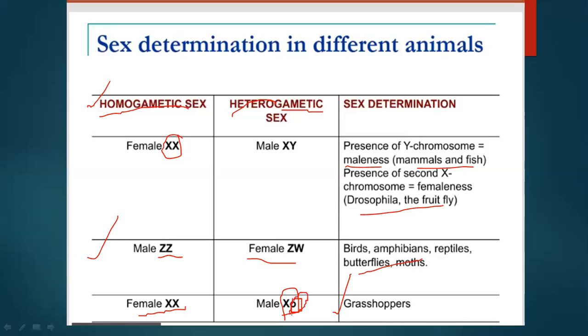If the Y chromosome is absent, it means they are male.